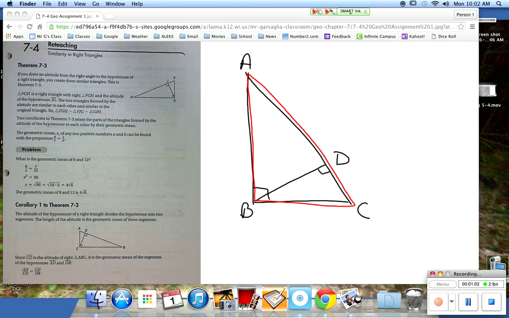When you take a right triangle and you create an altitude off the hypotenuse of that right triangle, you find that this triangle here is similar to this triangle here. And similar means it has the same angles and their sides are proportional.